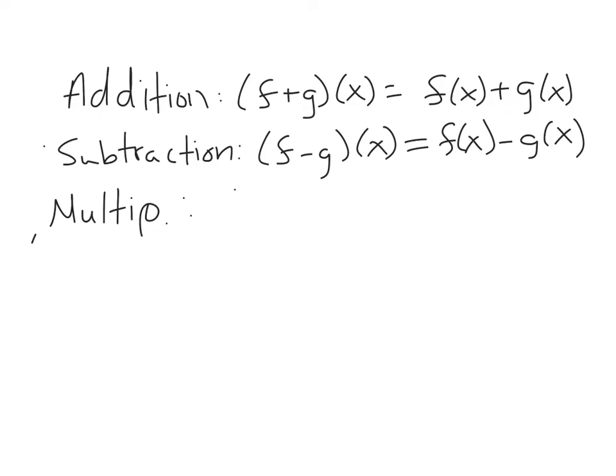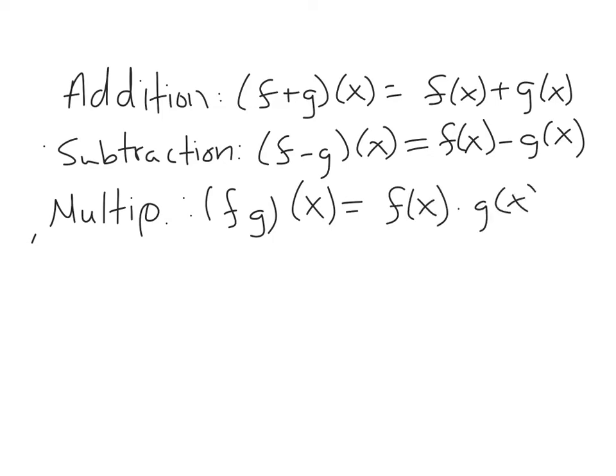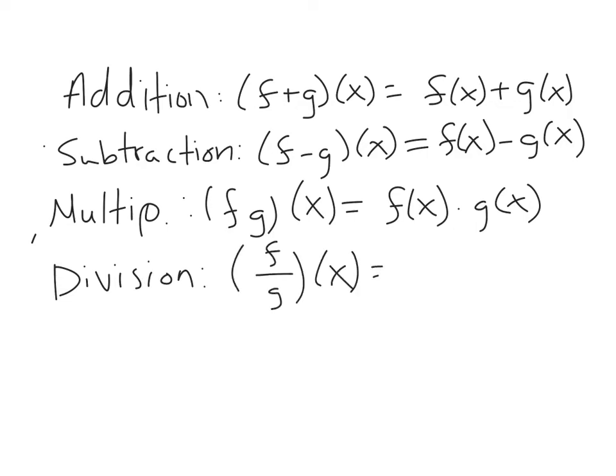And that's going to be f g of x is equal to f of x times g of x, okay? And then last but not least, division. And that's going to be f divided by g of x is equal to f of x divided by g of x. So that right there is the notation that you're going to be seeing.